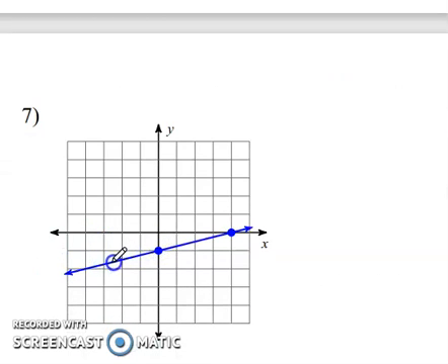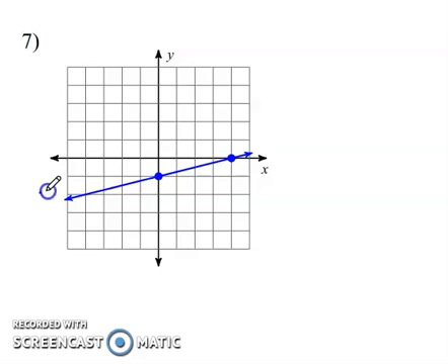Once again, this is a very shallow slope, but it is positive because I'm going up. Remember, slope is rise over run, so I'm going to connect my dots. And I'm going to have a rise of 1, and I have a run of 1, 2, 3, 4. So my slope is 1/4.